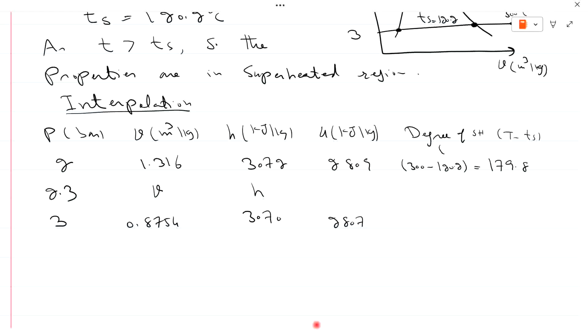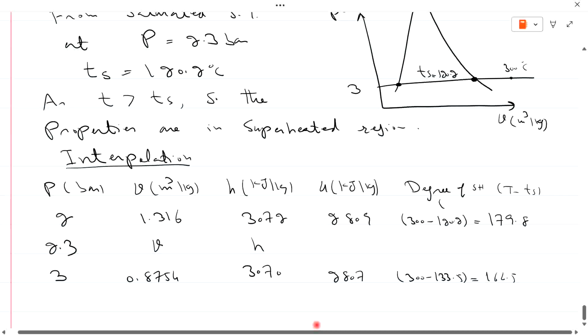And here, the degree of superheat at 3 bar is 300 minus the saturation temperature at 3 bar, sorry, this is 133.5, which is equal to 166.5. And this is not 122.2.